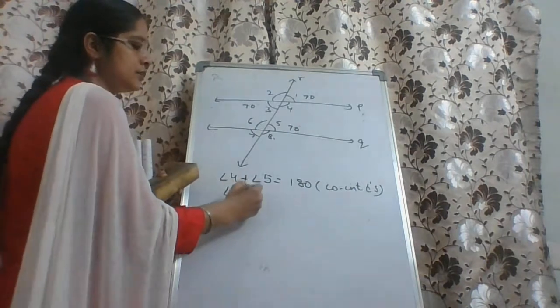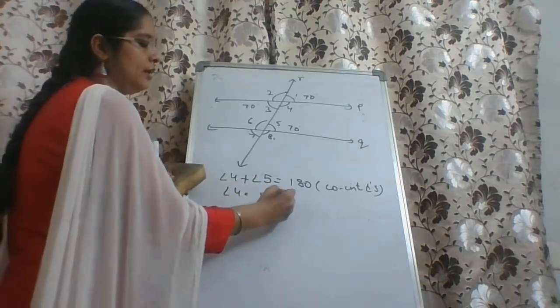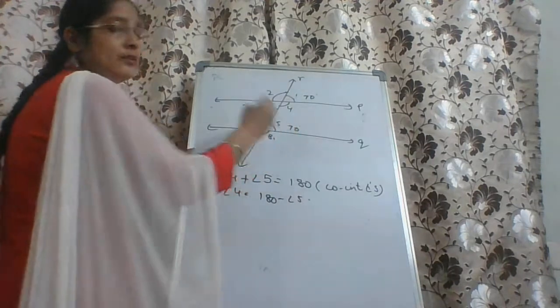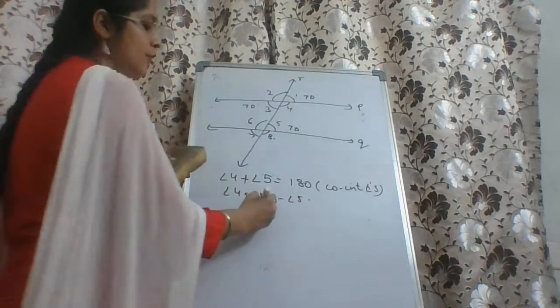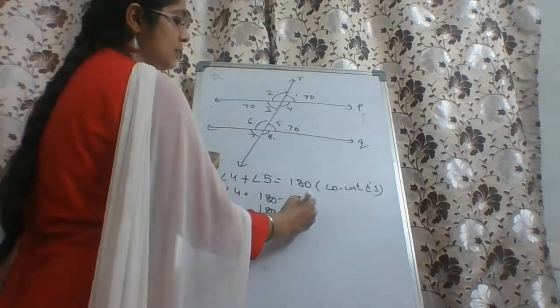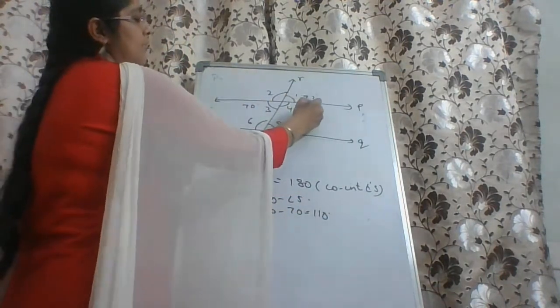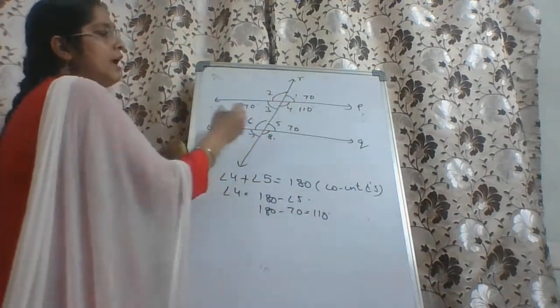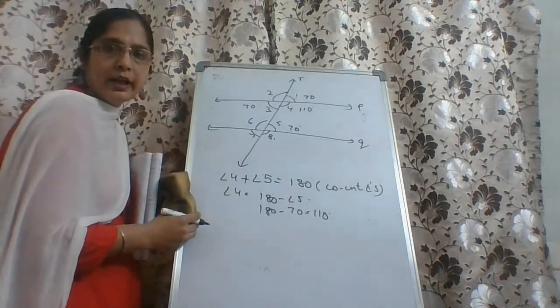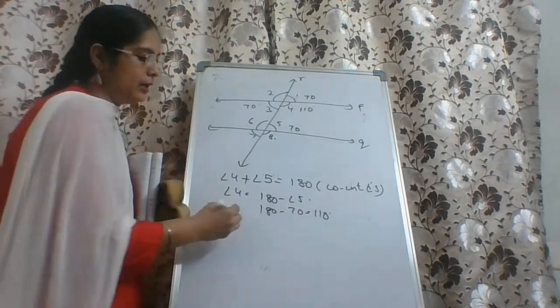Angle 4 is equal to 180 minus angle 5. Angle 5 is 70 degrees. 180 minus 70 equals 110. If angle 4 is 110, angle 6 is also 110, alternate interior angles.